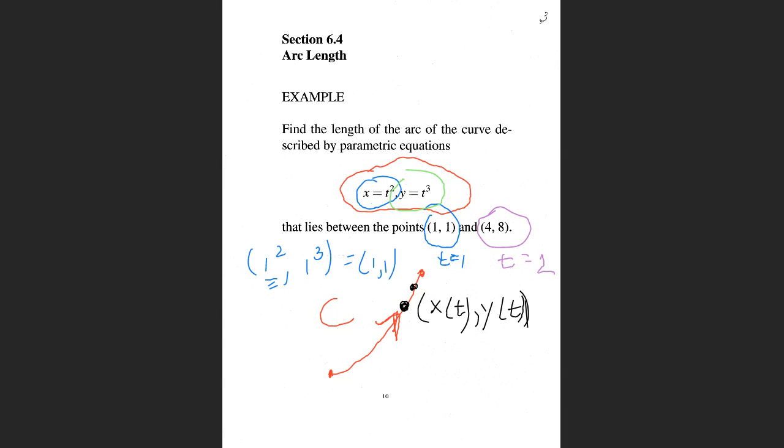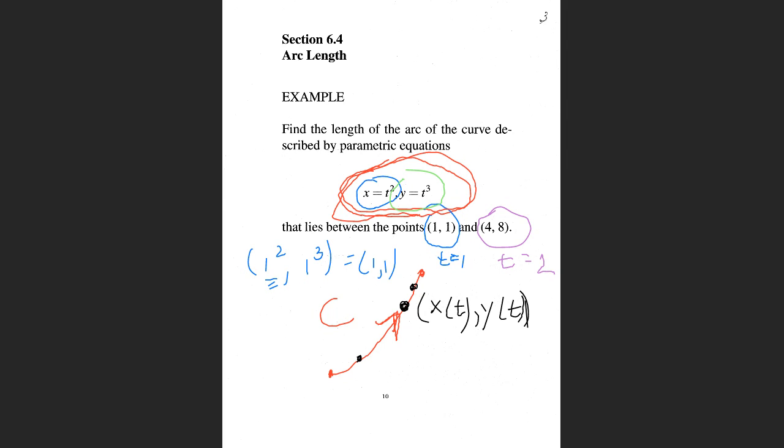You're finding the beginning. The parameter t takes on different values, and based on these parametric equations, you generate different points on the curve.